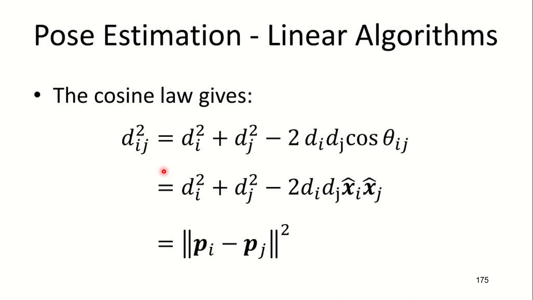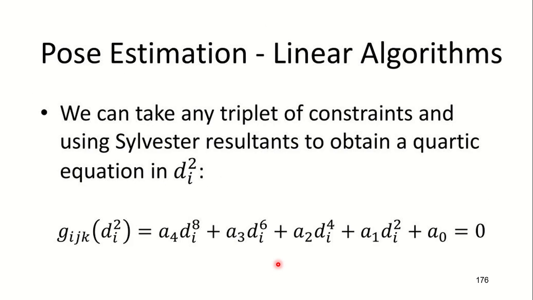And the cosine law gives the distance between the two projection points: dij square is equal to di square plus dj square, the individual distances between the projection point and the center, minus 2 di dj cos theta ij. Theta ij is the angle between Pi and Pj, and dij square is equal to the modulus of Pi minus Pj square, for the projection points i and j.